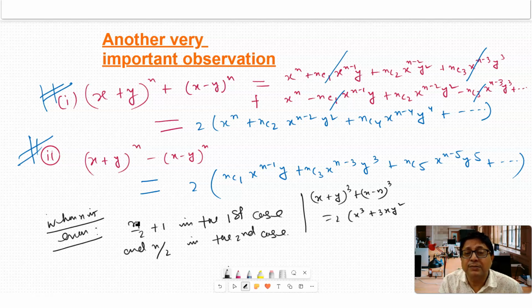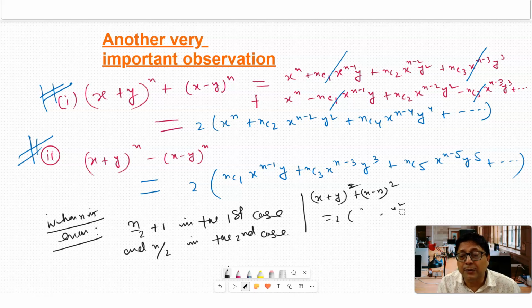The remaining terms get cancelled. We have taken n even. Do it with 2: x square, y square, 2xy, x square, y square minus 2xy.